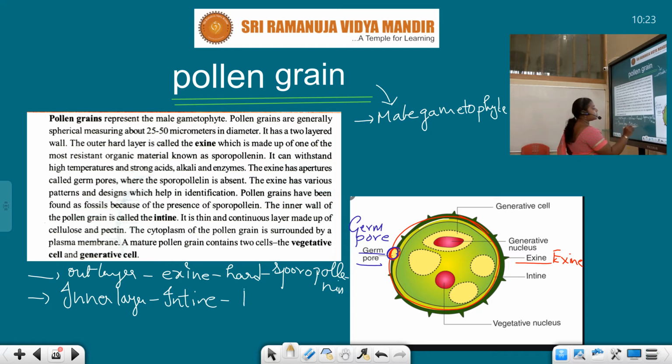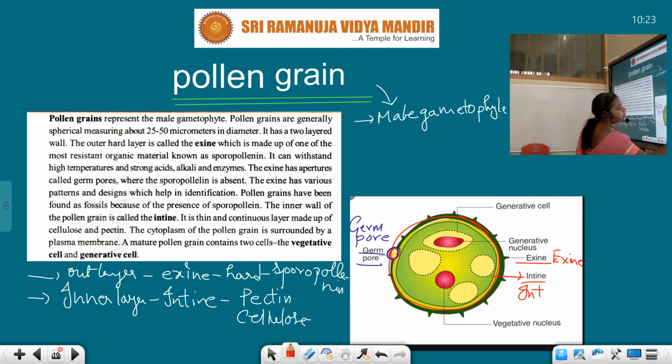So the inner one is known as intine, made up of substances known as pectin and cellulose.